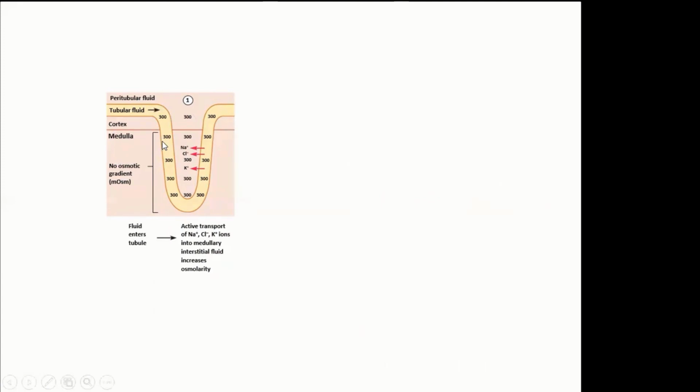So at this point, everything is in equilibrium. Fluid is entering the tubule, starting out at 300 milliosmoles, flowing through it. No water is moving because there's no osmotic gradient. So it's exiting with all the water that was in it and with the exact same osmolarity.